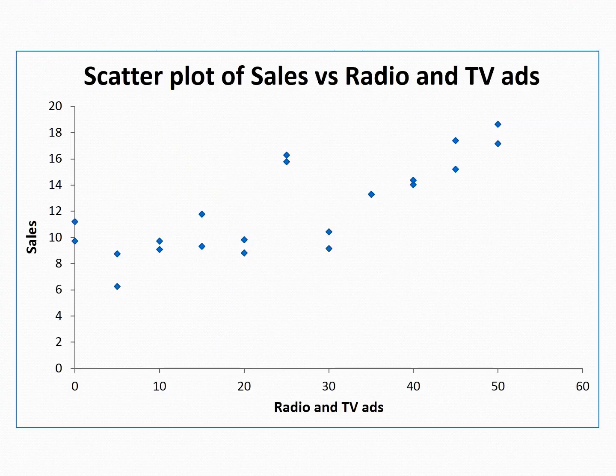I also included the two-dimensional scatter plot for each independent variable against the sales each time, so that you can get a clearer picture of the linear relationship between that specific independent variable and the dependent variable. So if you look at X1, which is radio and TV advertisements, against Y, the sales, you will see that there's a positive linear relationship between sales and radio and TV advertisements.